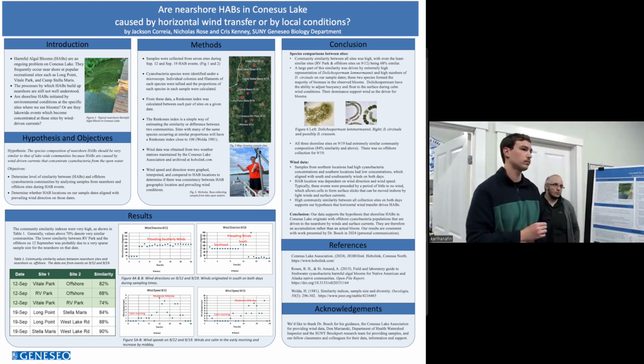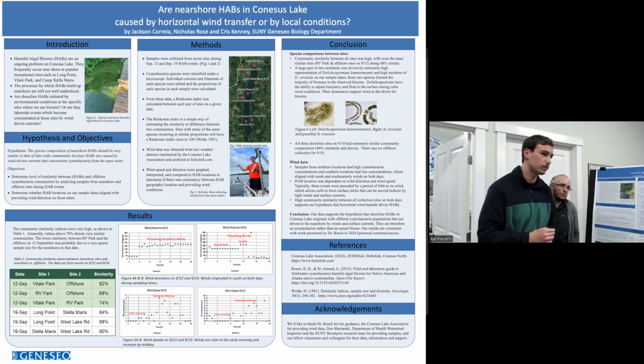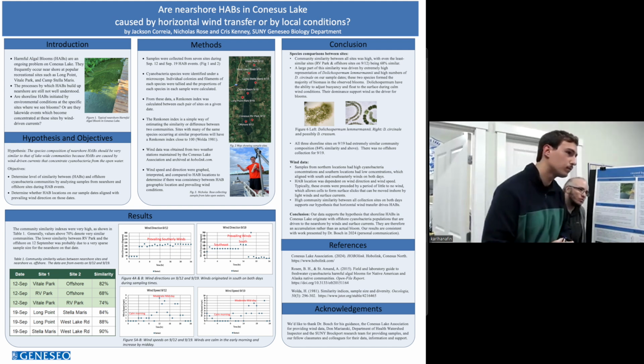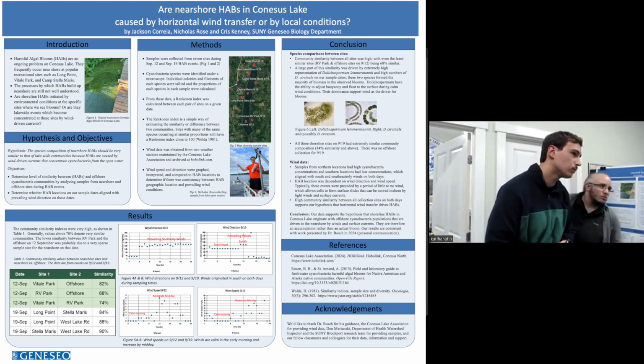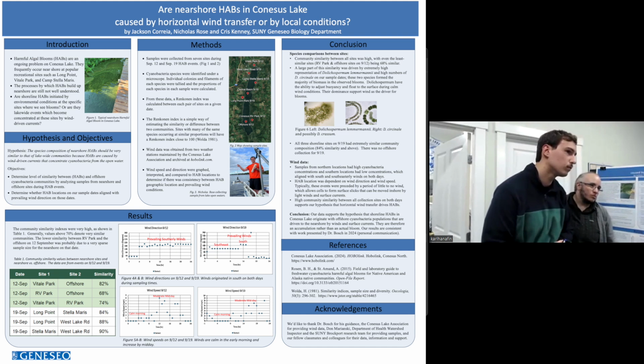So if prevailing winds are pushing in cyanobacteria from the center of the, wherever it's coming from, would we be able to use wind information to predict? I mean, is that the idea?